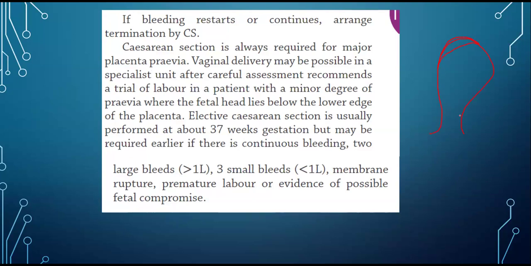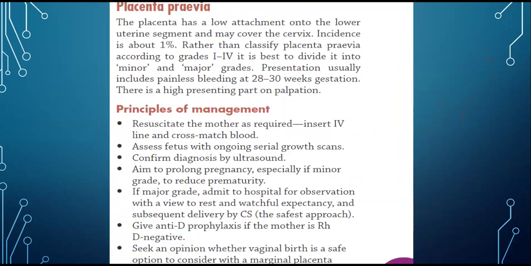But if the placenta starts to come on the bottom of the uterus, that's what we call placenta previa. So when the placenta has a low attachment on the lower uterine segment, and sometimes it can cause obstruction of the opening of the internal os, or opening of the cervix, that is what we call placenta previa.